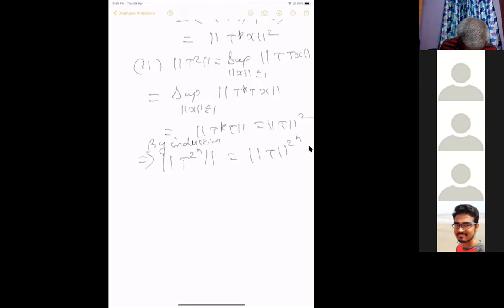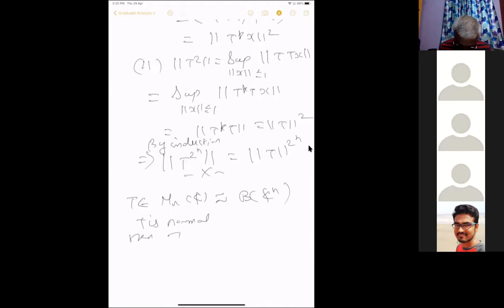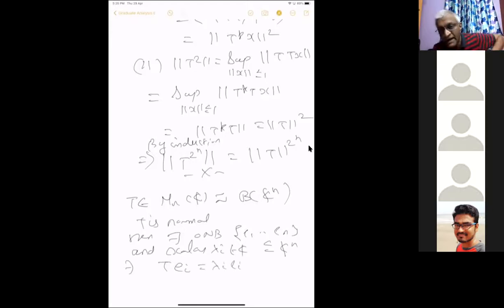So if T is in M_n(C), finite dimensional, or B(C^n), and T is normal, then there exists an orthonormal basis e_1 up to e_n contained in C^n, of course, and scalars lambda_i in C, such that T(e_i) equals lambda_i e_i. These lambda_i may be repeating; they may not be different for all i.